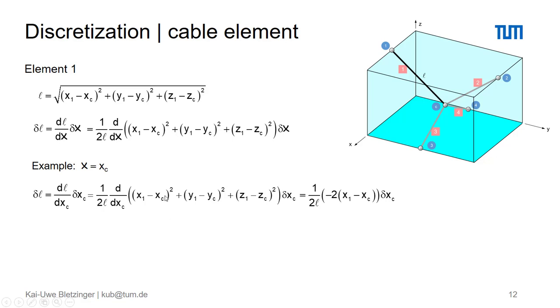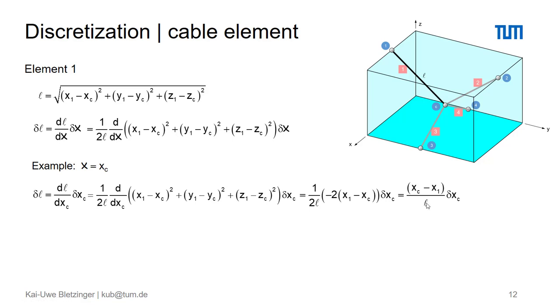So we have finally 2 times the bracket times the inner derivative, which is the minus here, and that is the derivative of the length, which we post-multiply by the variation of the x coordinate of node C, which gives us the variation of the length of member number 1.